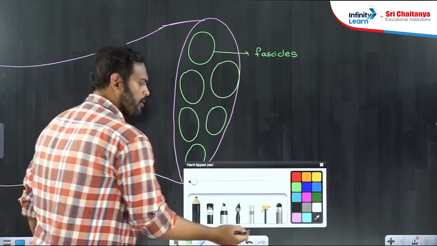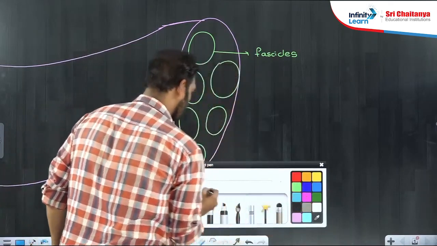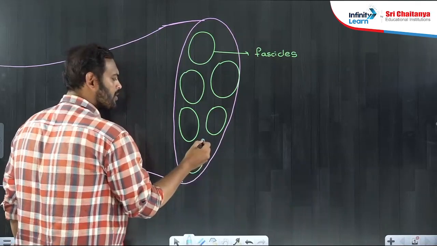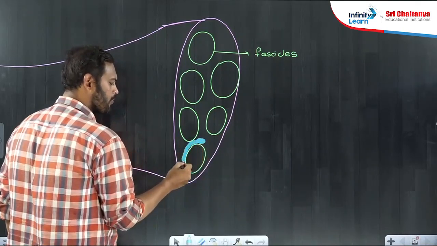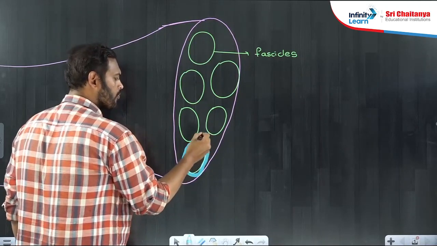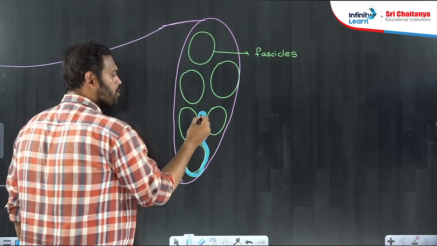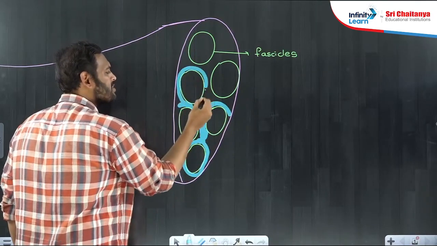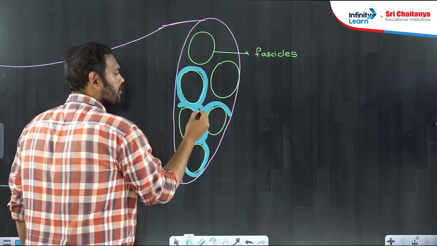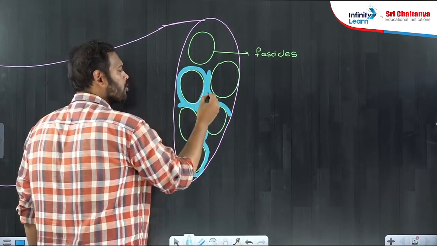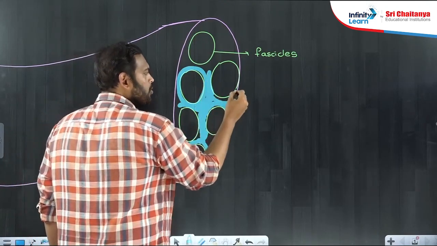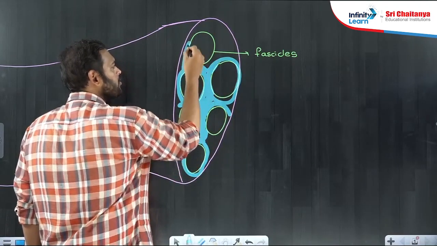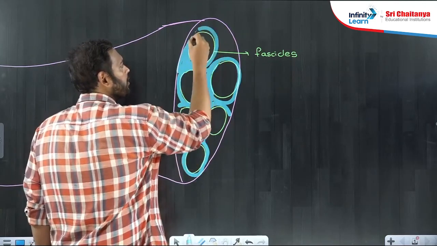Correct. Now in between these fascicles, there is thin connective tissue like this. This connective tissue between fascicles is called fascia. The tissue outside fascicles, or we can say the connective tissue which holds fascicles together, is fascia.